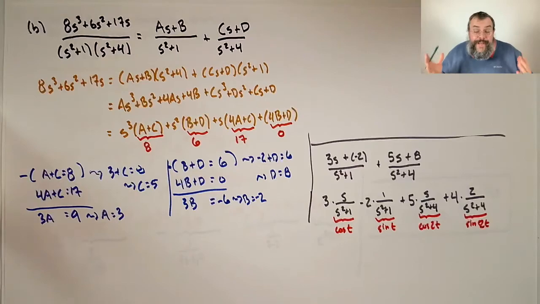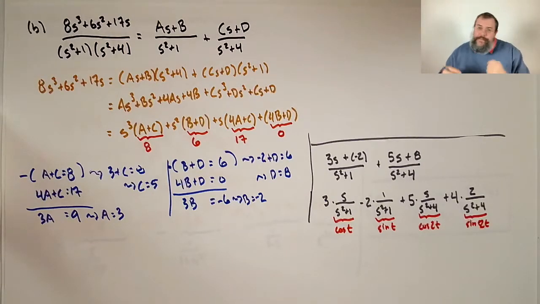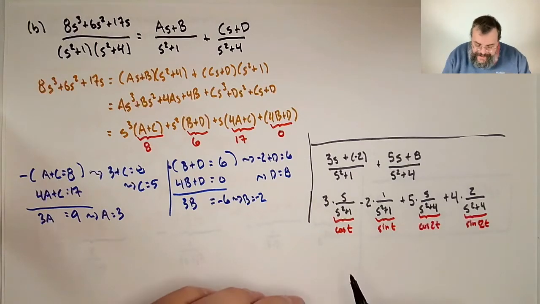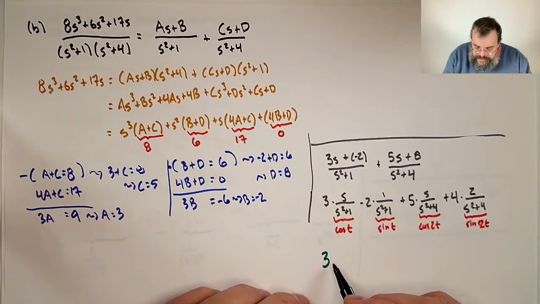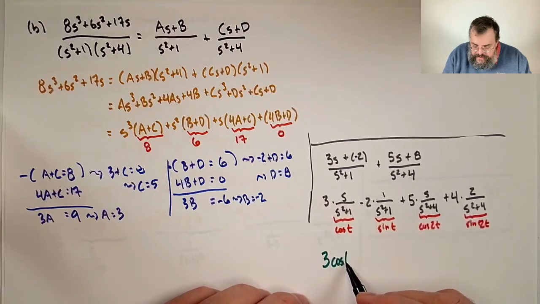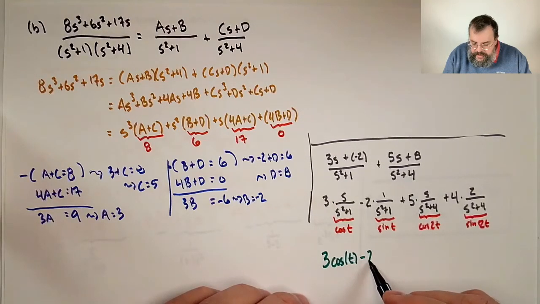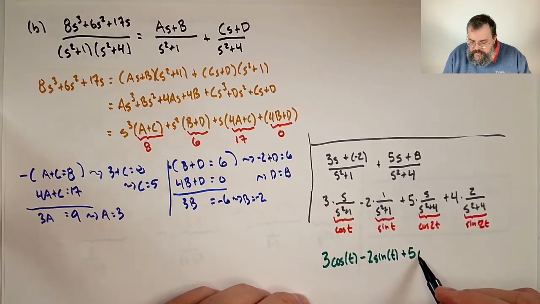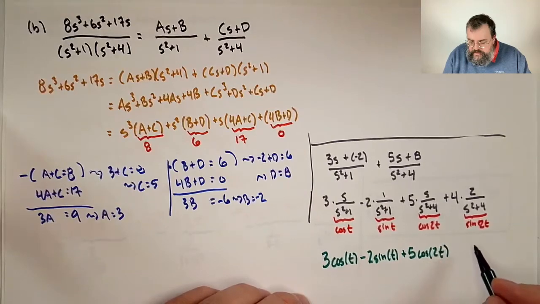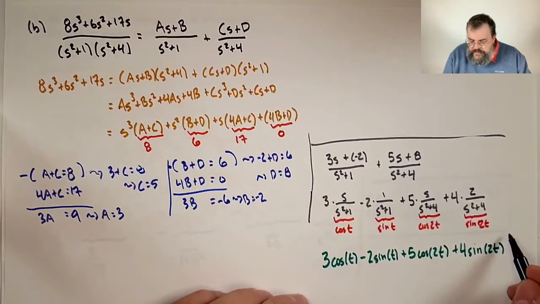And, if you have a table, don't be a hero. Use the table. It's okay to check. No one will judge you. So our answer, 3 cosine t minus 2 times sine of t plus 5 cosine 2t plus 4 sine of 2t.